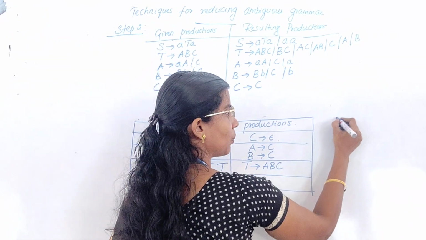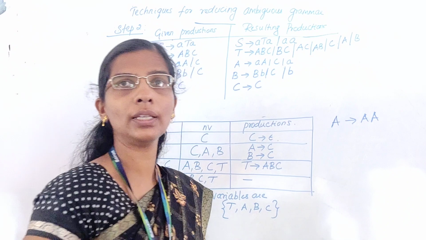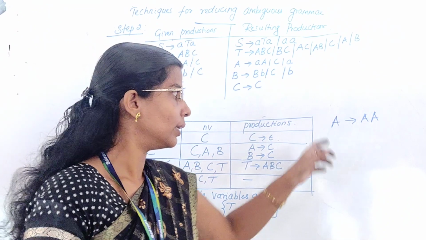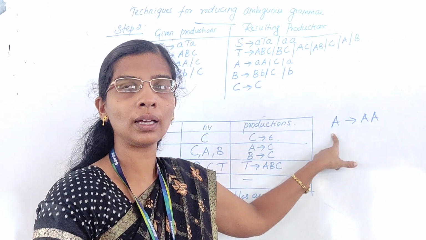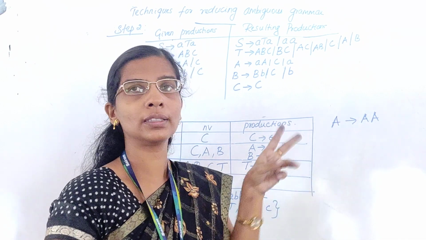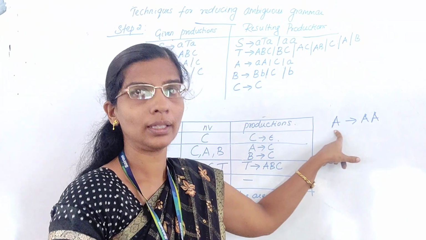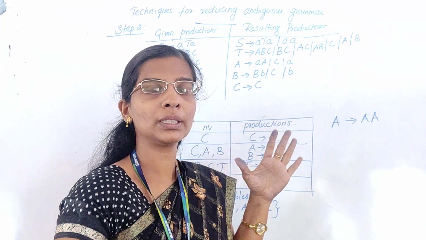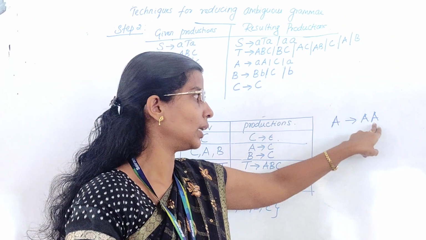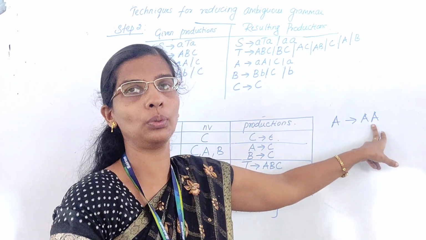Suppose you have some production like this. If you have any such production, with a LHS, in RHS I should have this LHS 2 times. So what is my LHS here? A. If I have capital A 2 times in RHS, that is a symmetric recursive rule.